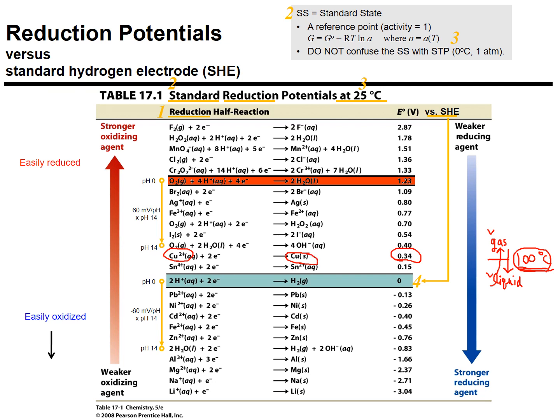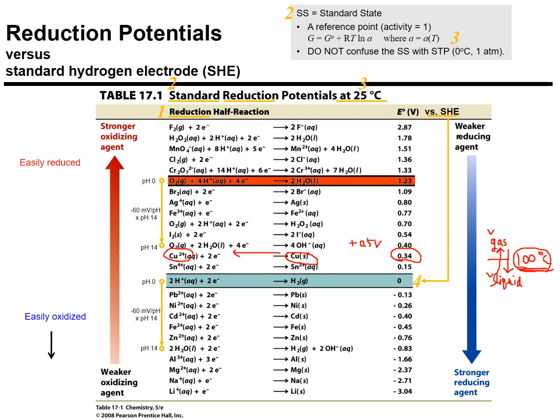If you applied more, for example, if you applied some plus 0.5 volt to this system, then the copper metal is going back to copper 2 plus, because more positive potential indicates a more oxidative environment in the system.